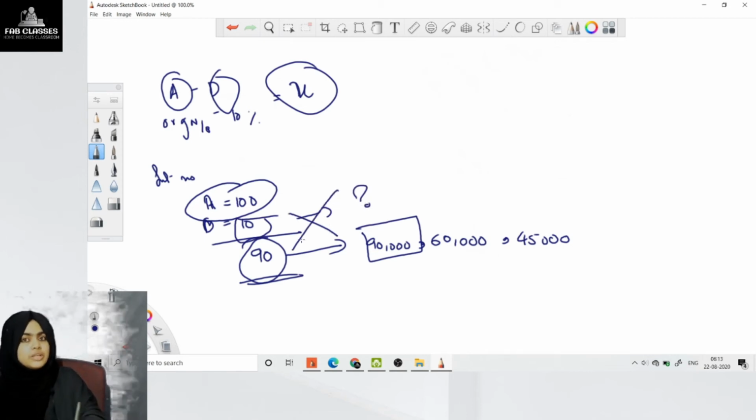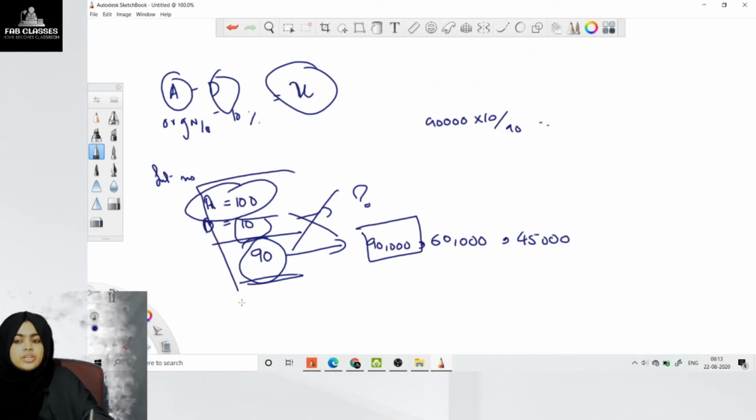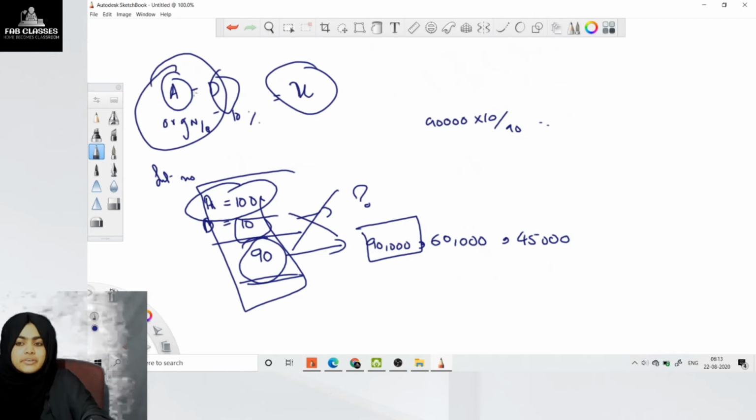Just do a cross multiplication: 90,000 into 10 divided by 90. I hope you understood this calculation. We are just assuming that the original profit is 100. Then if we reduce the 10% manager's commission, the value we get is 90.